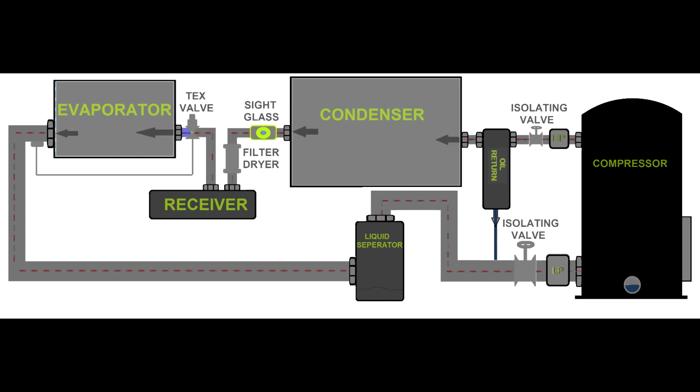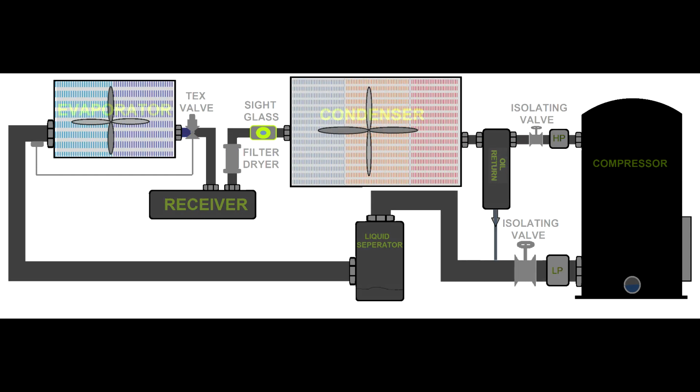The thermostatic expansion valve restricts the refrigerant flow and divides two areas, the higher pressure side from the lower pressure side. The evaporator is under low pressure, and because of that, the injected refrigerant boils. When the refrigerant boils, it absorbs heat and then, superheated, continues its journey.